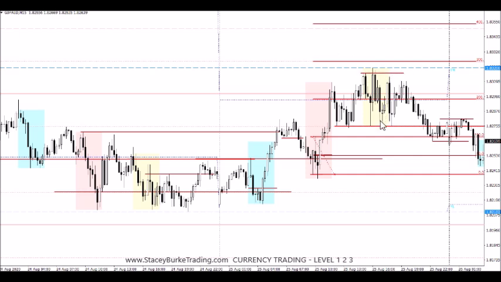Hitting it a third time, engulfing that candle, and then pulling back one more time and consolidating at the numbers.